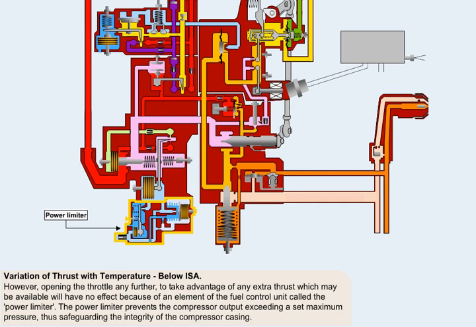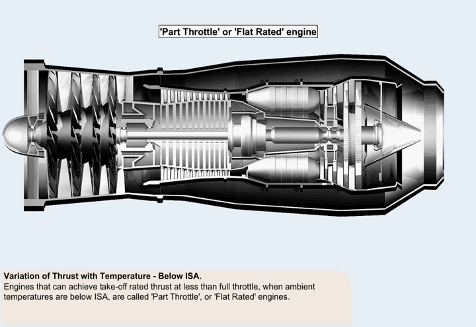The power limiter prevents the compressor output exceeding a set maximum pressure, thus safeguarding the integrity of the compressor casing. Engines which have the ability to achieve takeoff rated thrust at less than full throttle when ambient temperatures are below ISA are called part throttle or flat rated engines.